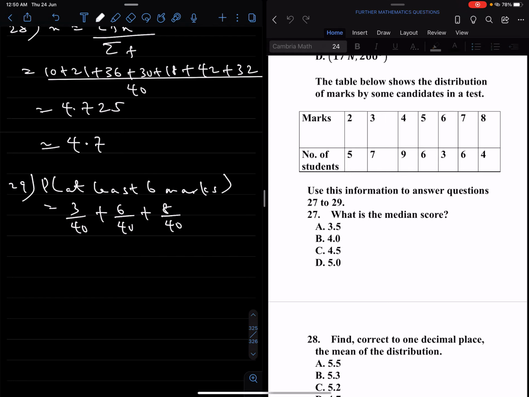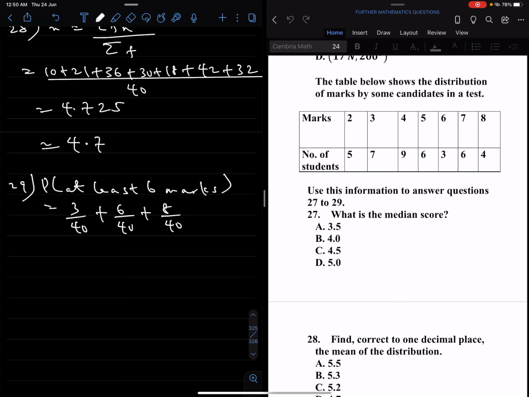Now I go over that again. The probability that a student selected at random scored at least 6 marks is going to be the probability that she scored 6 or 7 or 8. That means 6 or more.